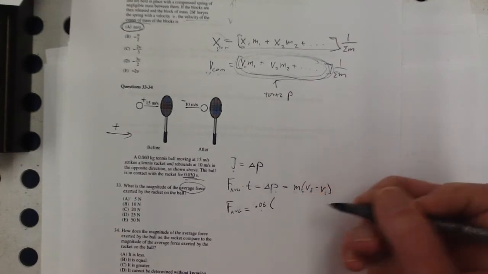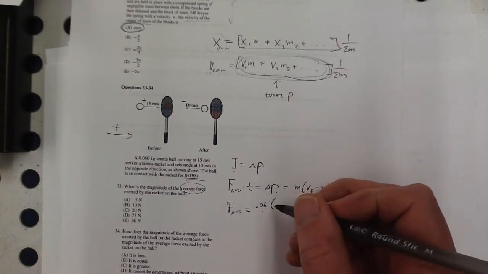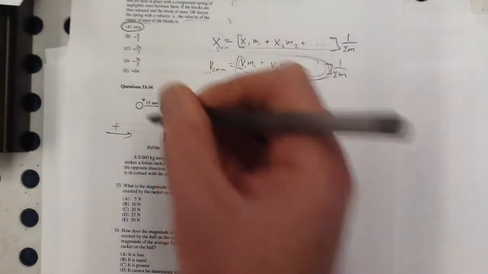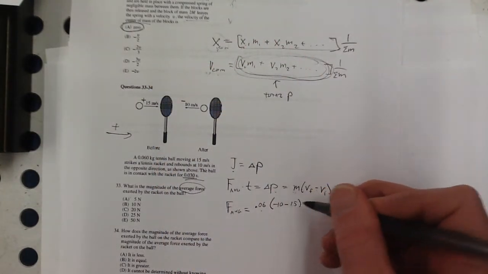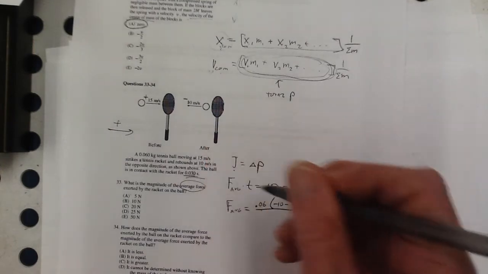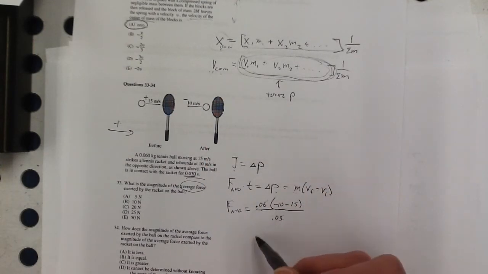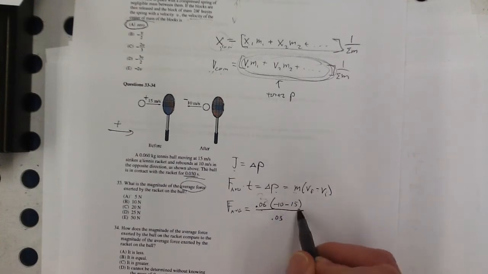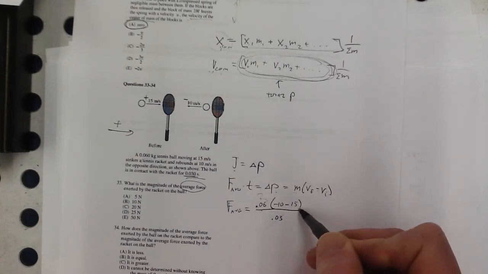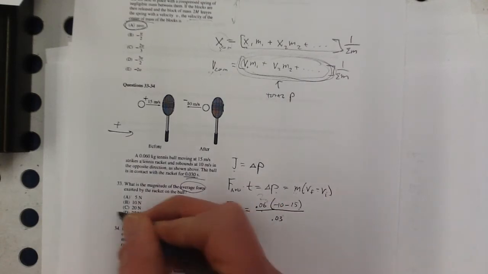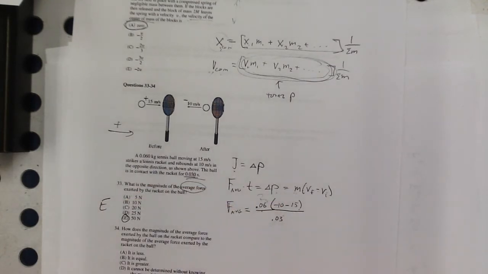So there's an m, and then I have my final velocity is negative 10 minus my initial velocity is positive 15, divided by 0.03. 0.06 over 0.03 is 2, so 2 times negative 25 is negative 50. They say, what is the magnitude? So that would be that.